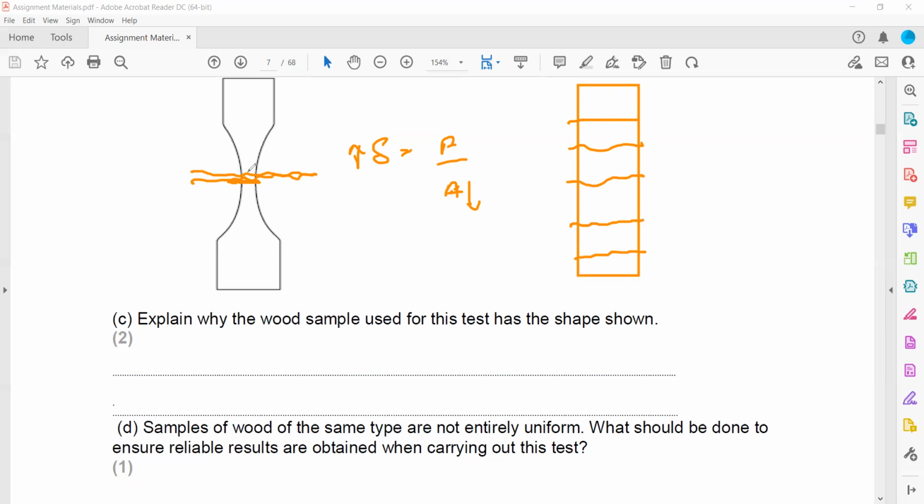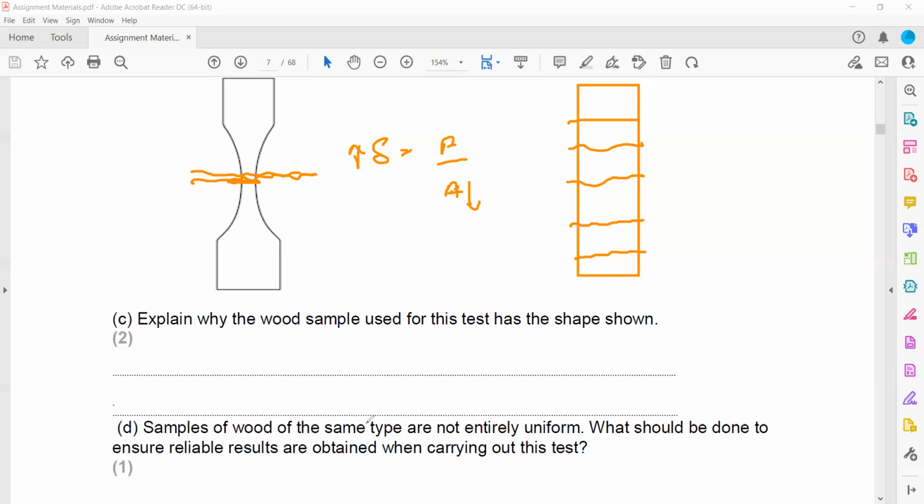So the advantage of this shape over a rectangular or cylindrical one is that it breaks at a specific point, and with a small area we have a very high stress, so we can find the maximum stress which can break this object.